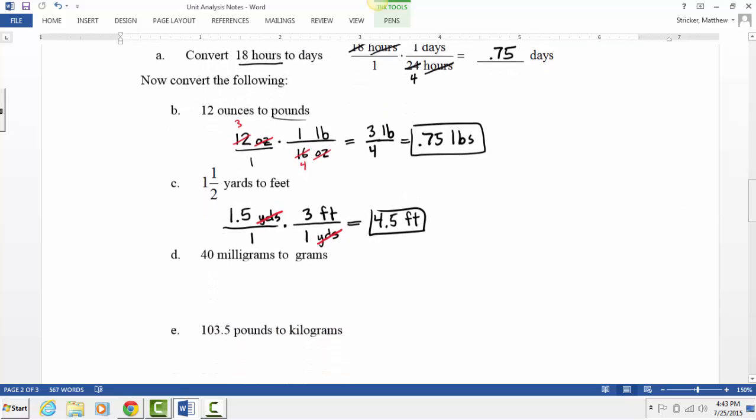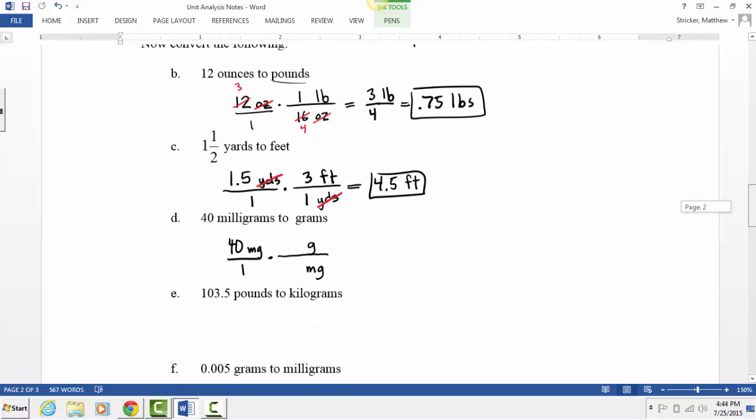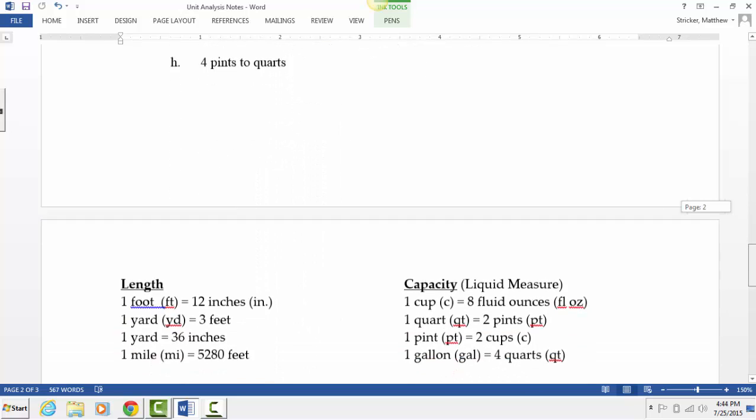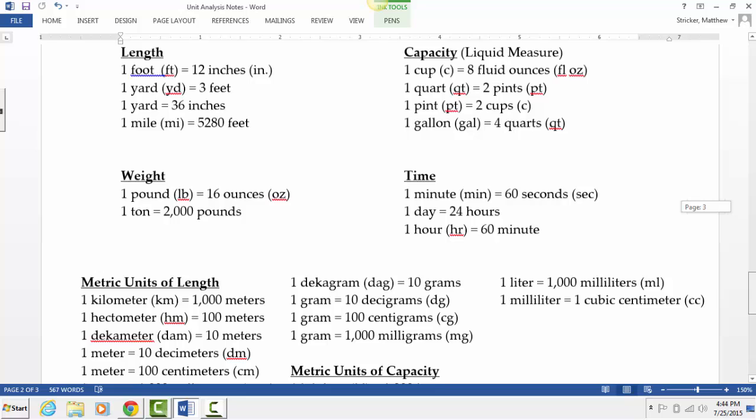Okay, now we're going to go from 40 milligrams to grams. Again, we always start out with what we're given, 40 milligrams over 1 times, I'm going to put milligrams on the bottom, grams on the top. Now this may not be as easy to remember for you.